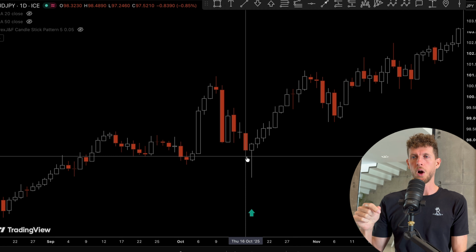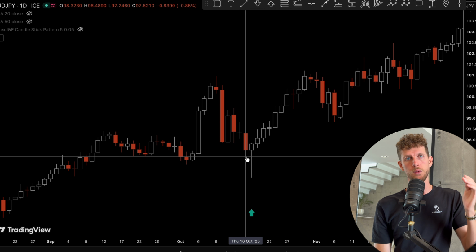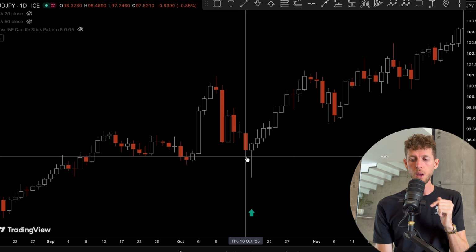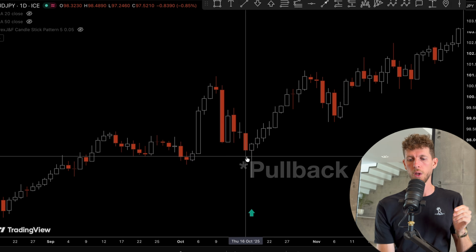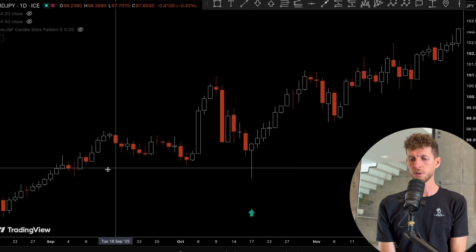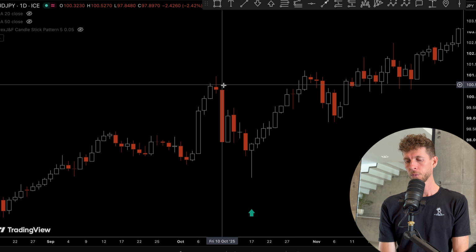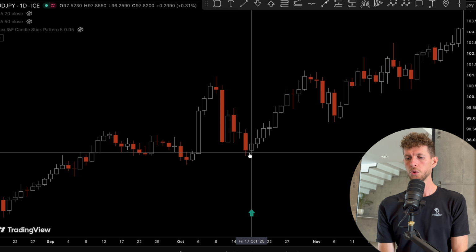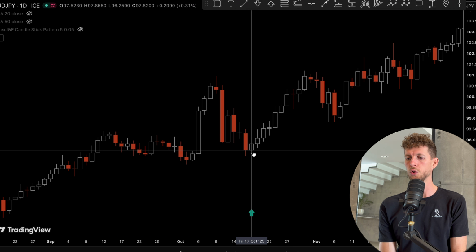So high tests and low tests are normally either the end of a trend, indicating it's ready for a change of direction, or it's at the end of a run. So over here, the trend has continued, it's made a little pullback and then continued. So it's just indicating that this little pullback has come to an end and it's ready to continue the trend of the market.